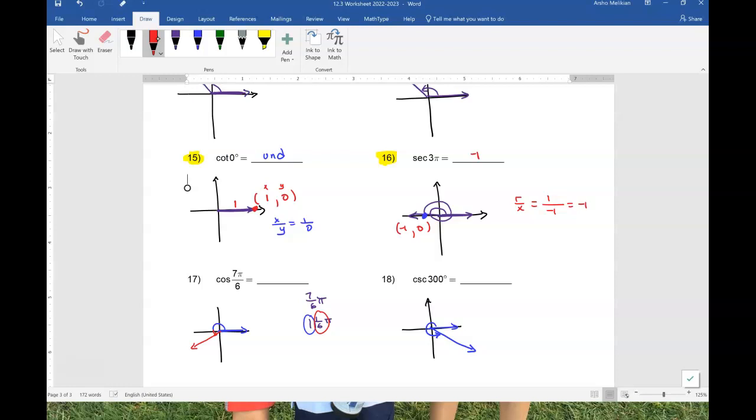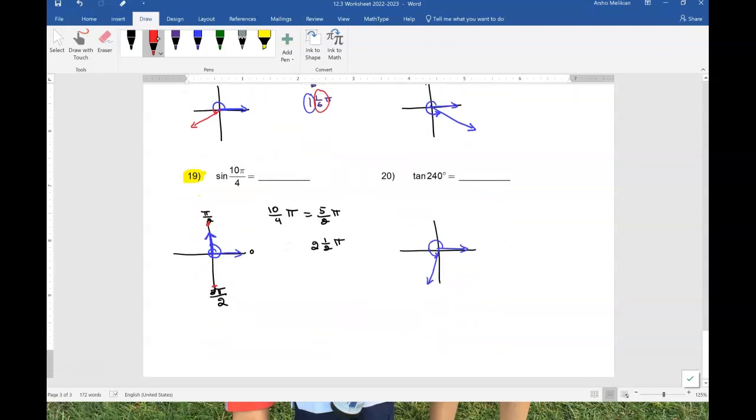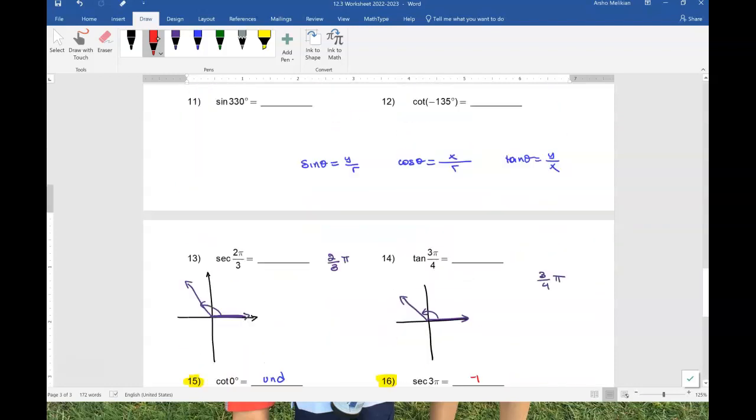Cool? Okay. Lastly, the coordinate here is 0 comma 1. Sine is y over r, which is 1 over 1, so that's just 1. Okay, now, all right, so those were the quadrantal angles.